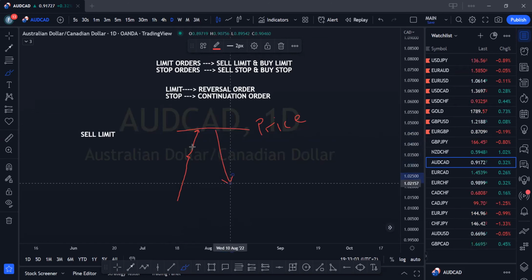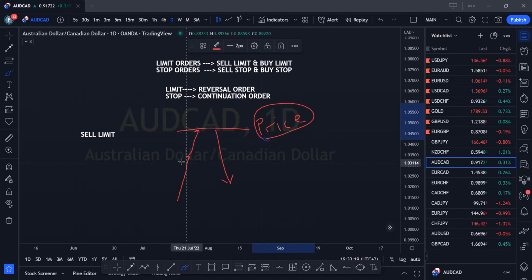Okay, so that's a sell limit order. All right, so to set a sell limit order, the price at which you want to take entry from has to be above the current market price. For a sell limit order, the price at which you want to enter has to be above current market price.